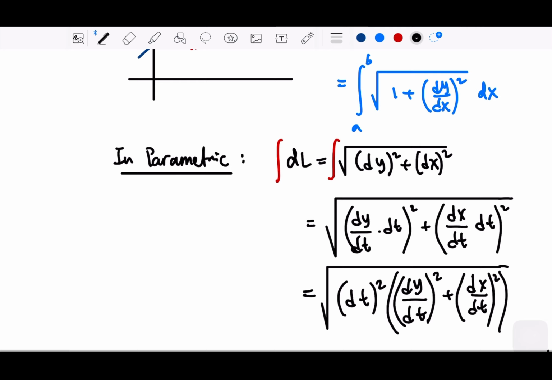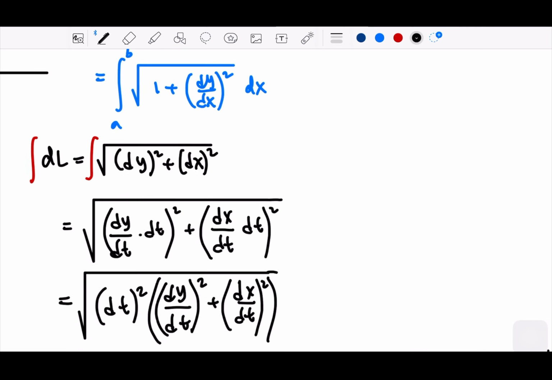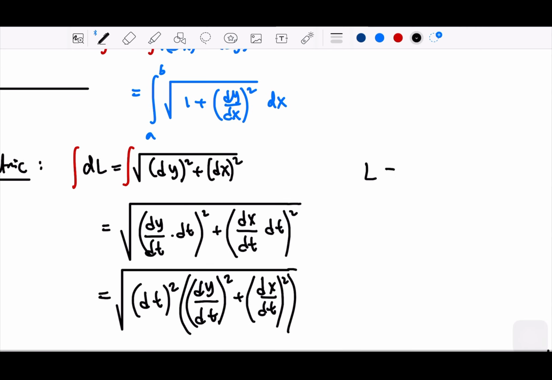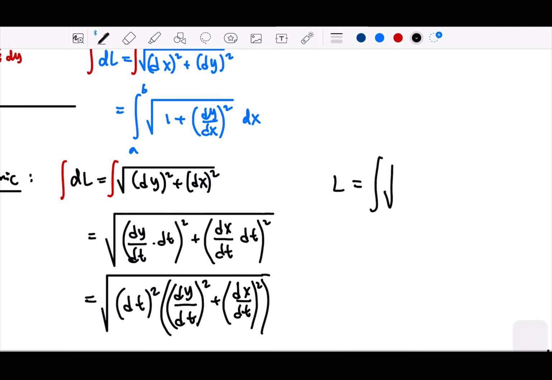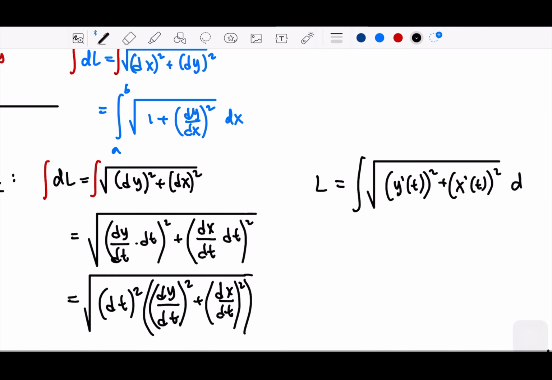Okay, and then lastly, we get that this is L integration. We could say that this will be the integral of y prime t plus x prime t, and then dt, from alpha to beta. Alpha to beta is our t.